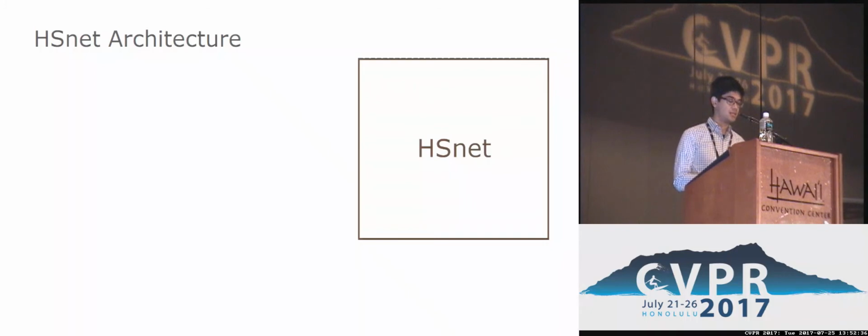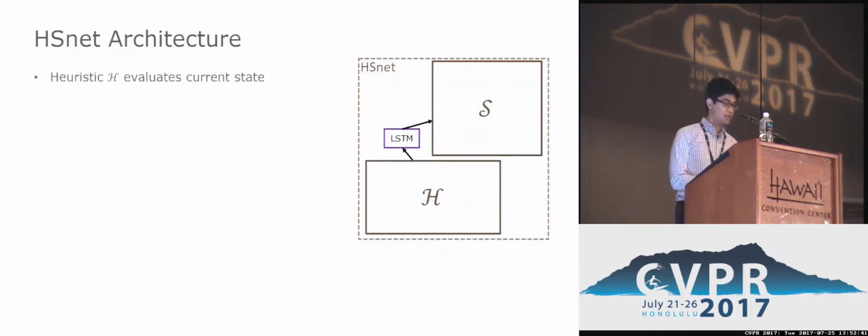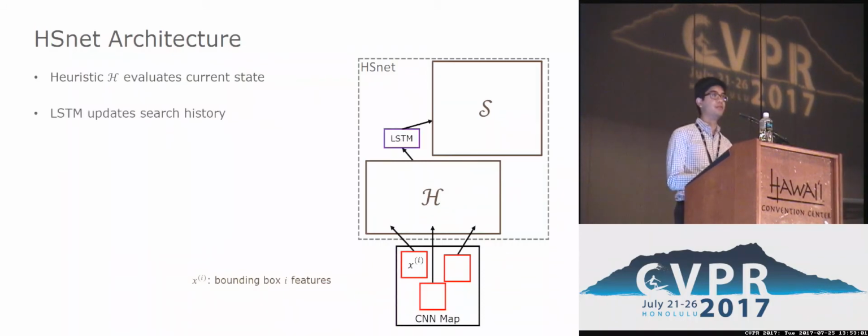Here is our HSnet architecture. It contains a heuristic H that evaluates the current state. Given the image, we compute the convolutional features from a CNN. We then take the bounding boxes and the features from them and feed them into the heuristic function. An LSTM then updates its search history given the heuristic features, and because the LSTM has memory, it can keep track of the search history.